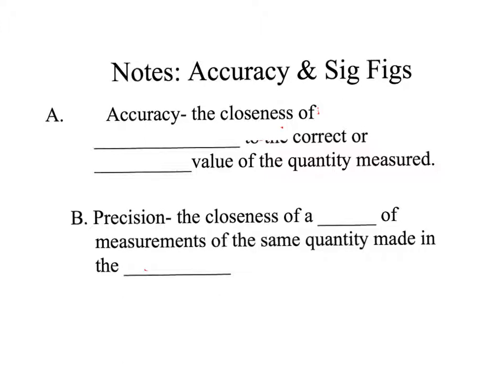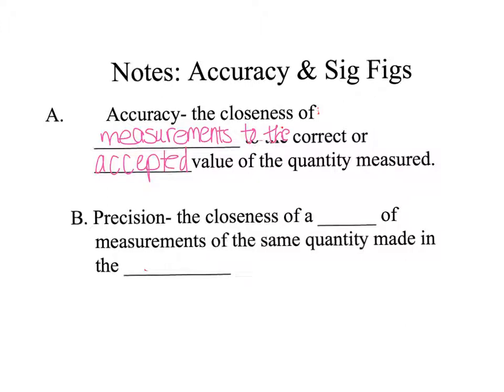Okay, cool. So for this first part, accuracy is the closeness of measurements to the correct or accepted value of the quantity measured.